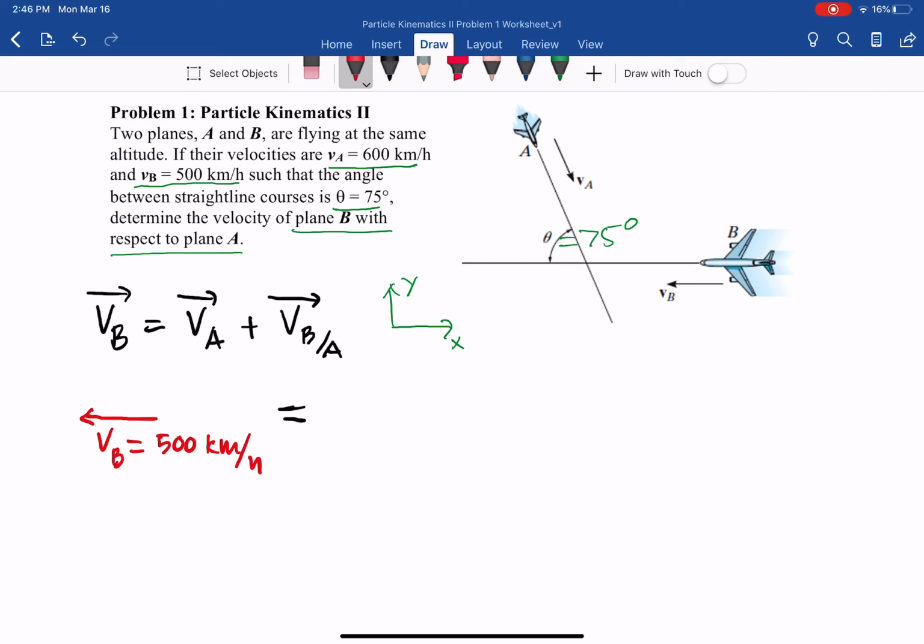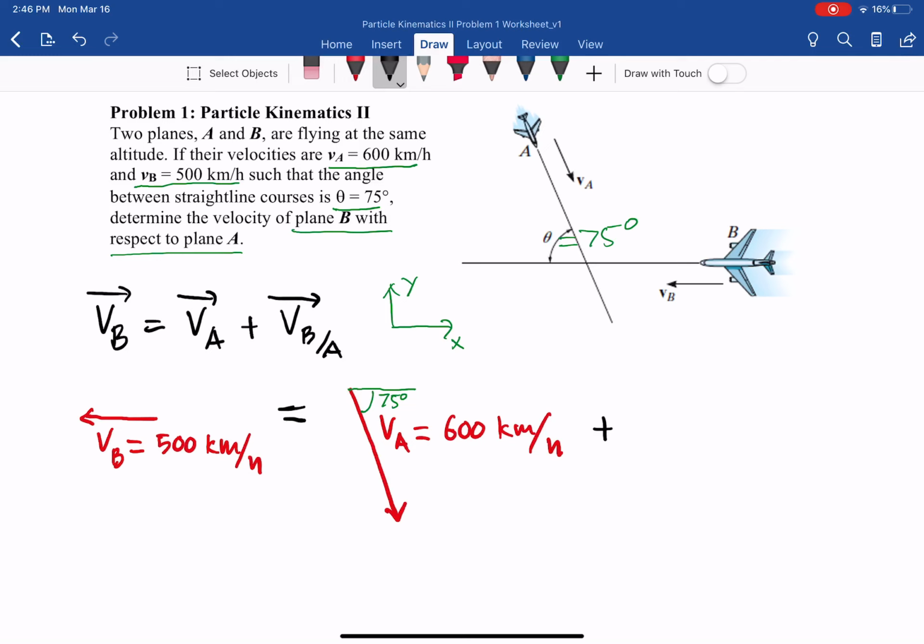So let's write out VA, and the magnitude is 600 kilometers per hour, the angle there 75 degrees, angle theta, plus VB relative to A, which is an unknown, so we can assume its direction.